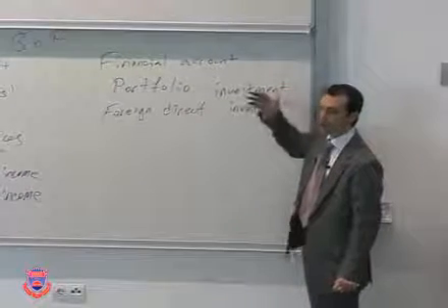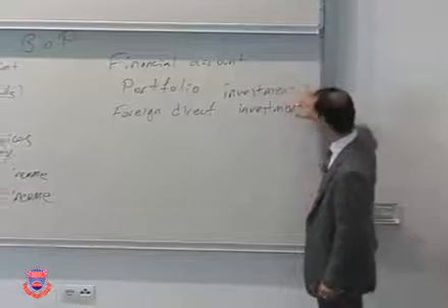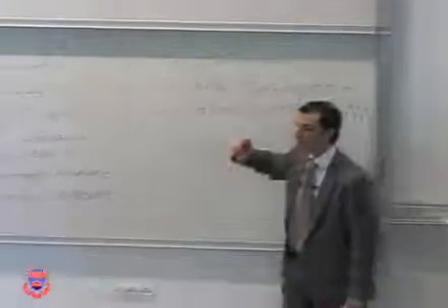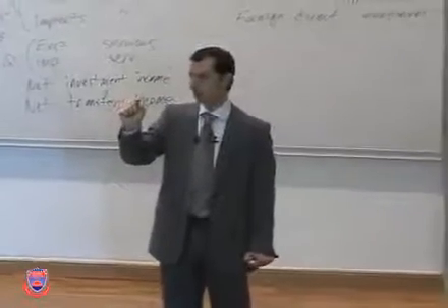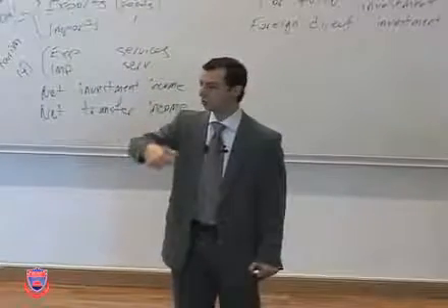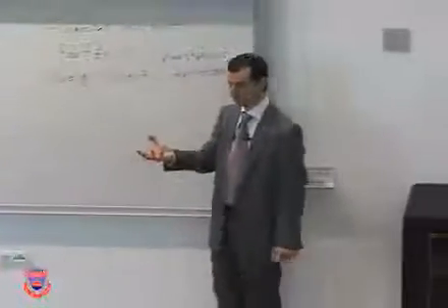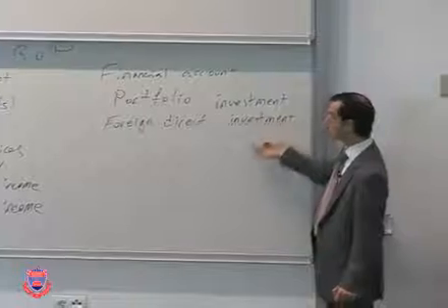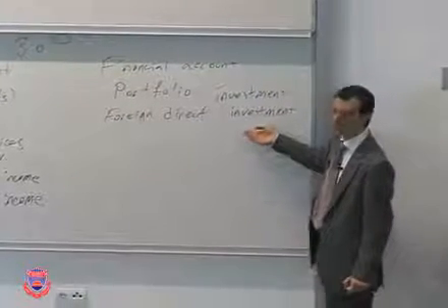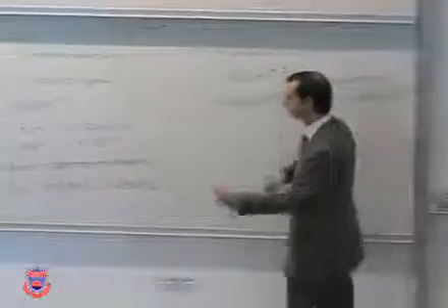That 10% is an arbitrary number, but that's the number that everybody in the world uses. The idea is that if you're buying a small share in a company, you're not trying to get a stake in that company for the long term. Okay? That's portfolio investment. If you buy a large share in the company, you're saying, I want to run this company, I want to be there for a long time. That's foreign direct investment. Okay?